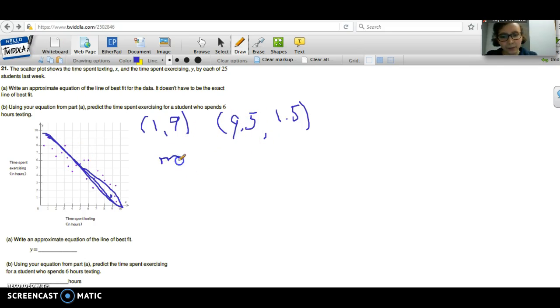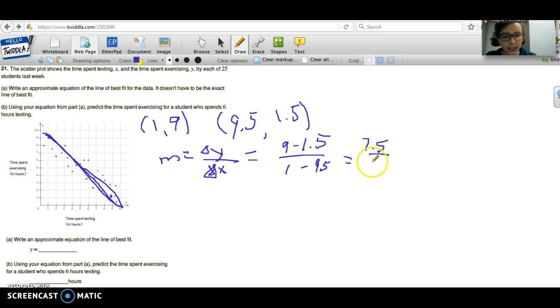The slope, m, is the change in y over the change in x. That's delta, change in x. So we take our first point's y value minus our second point's y value, over our first point's x value minus our second point's x value. So 9 minus 1.5 is 7.5, and 1 minus 9.5 is negative 8.5.